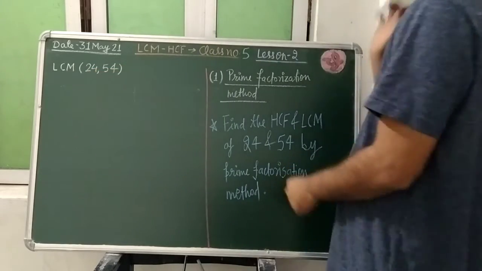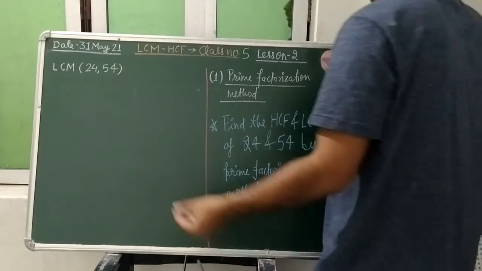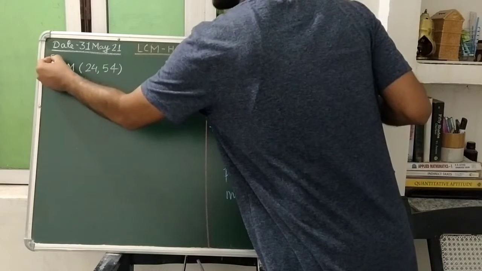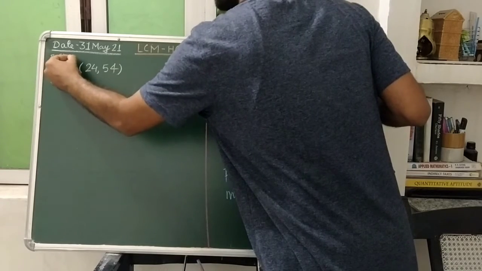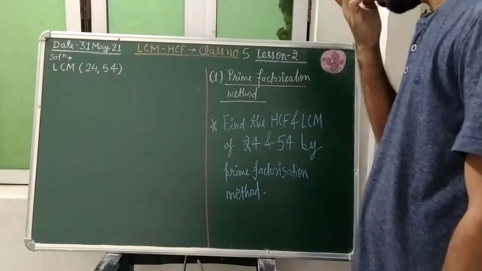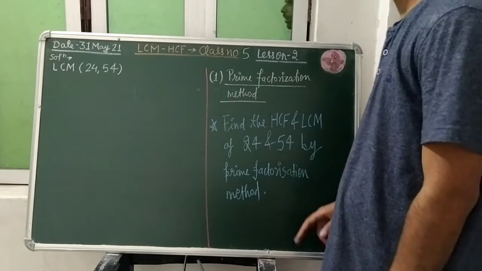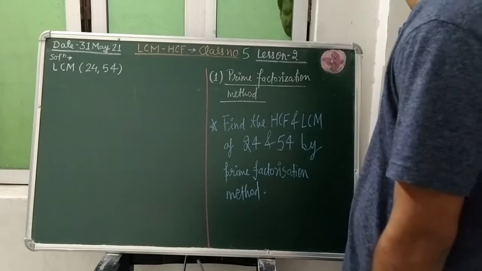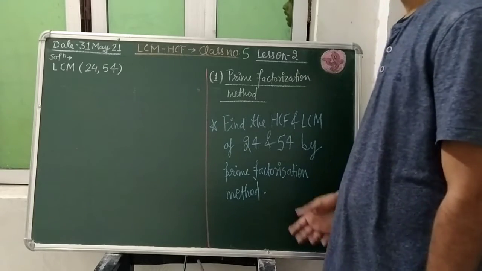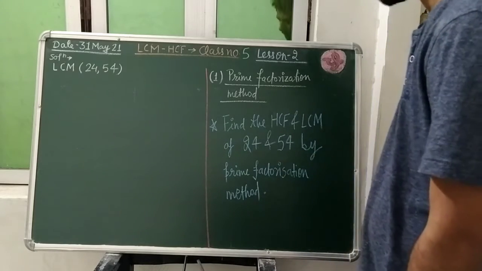The question is asking us to find this, and we are starting the solution, so we'll note this down. So students, the problem is asking to find the LCM and HCF of 24 and 54 by prime factorization.